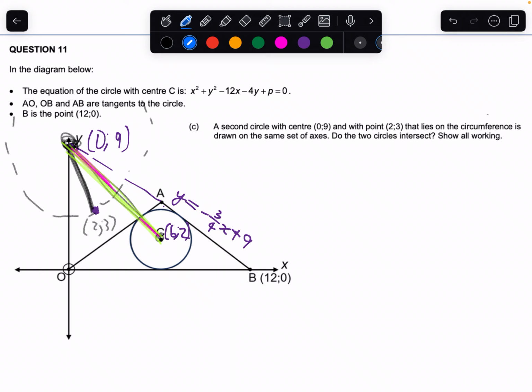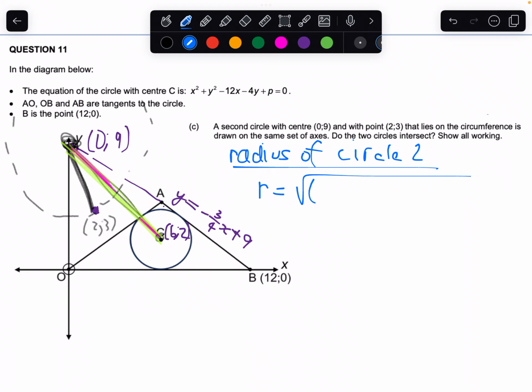So we need to find the radius of circle 2, okay, which is r is going to be, say, 0 minus 2 squared plus 9 minus 3 squared, which is 4 plus 36 under the root, so that's root 40.